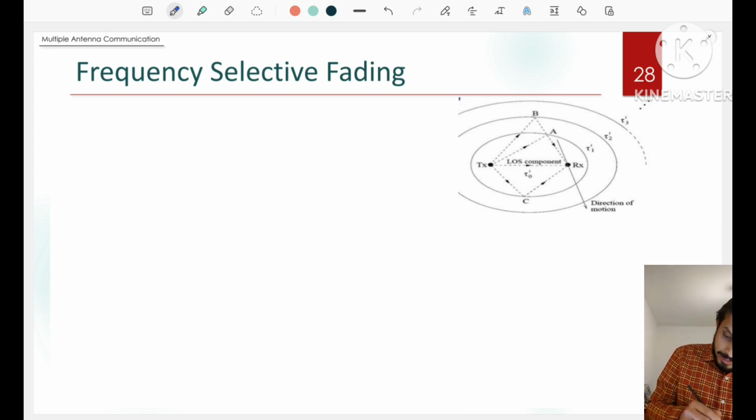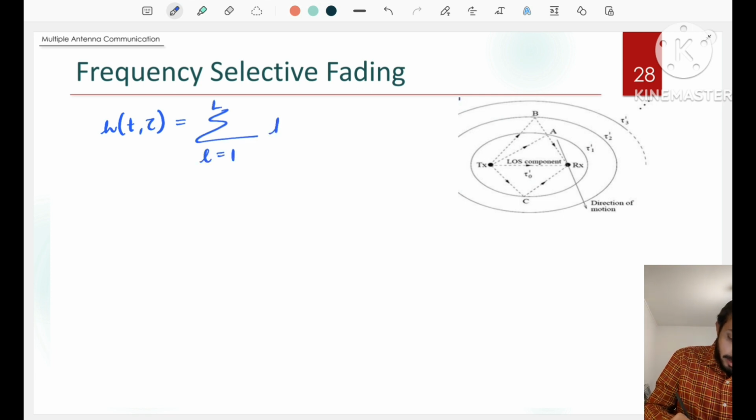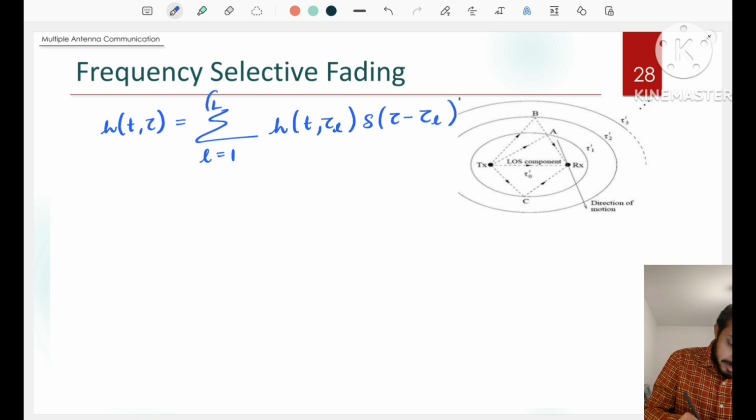Now in case of frequency selective fading, what we can write is h(t, tau) is equal to the summation over l equal to 1 to L of h(t, tau_l) delta(tau minus tau_l), where this L represents the number of ellipses, the 1, 2, 3 and so on. And with every ellipse we have a delay corresponding to that ellipse.